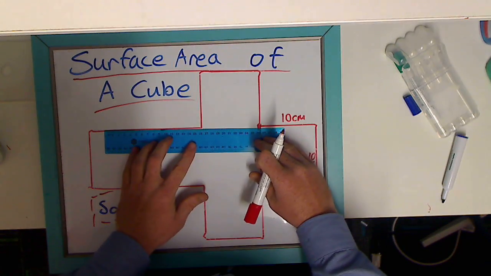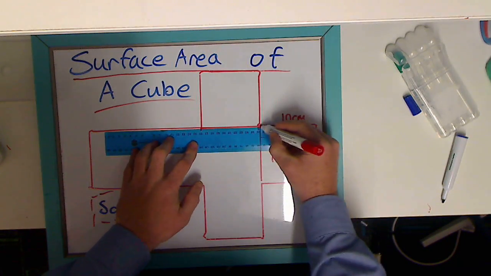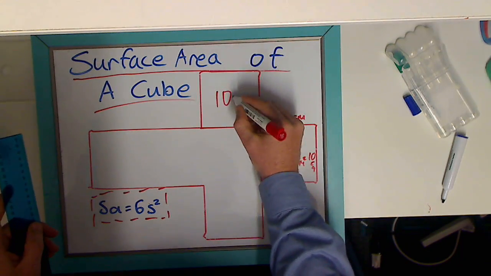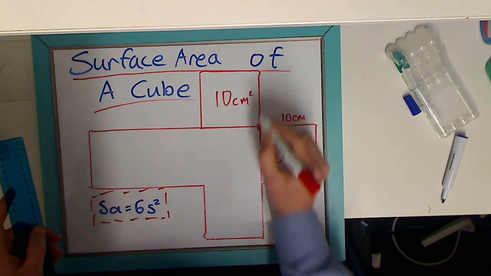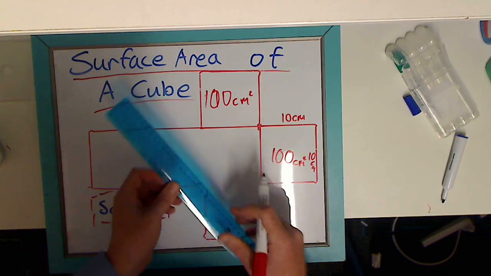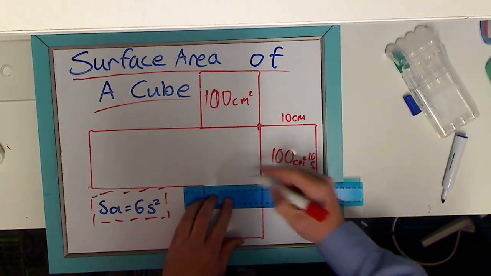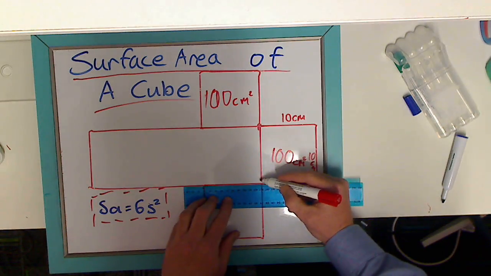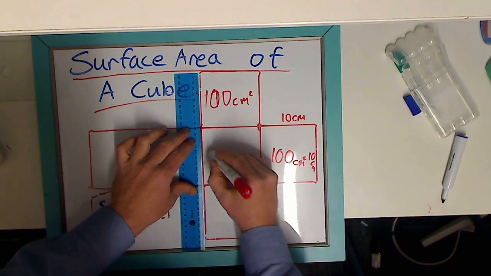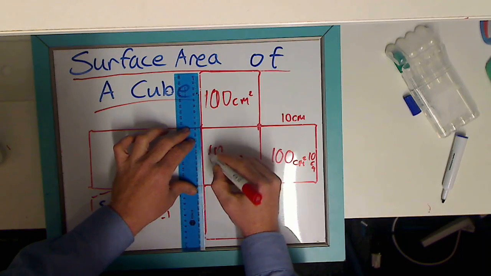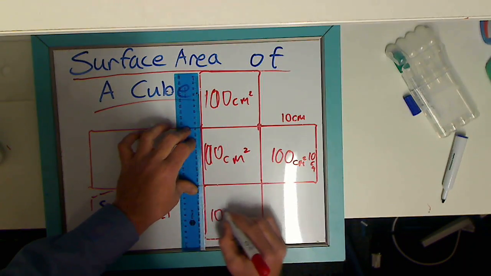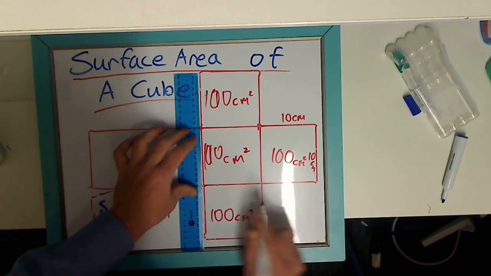Okay, and because this box is from a cube and it's the same, it's also going to be 100 centimeters squared. Okay, and hopefully by now you know exactly where this is going. 100 centimeters squared. 100 centimeters squared.